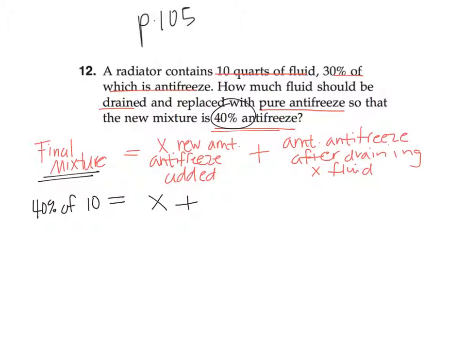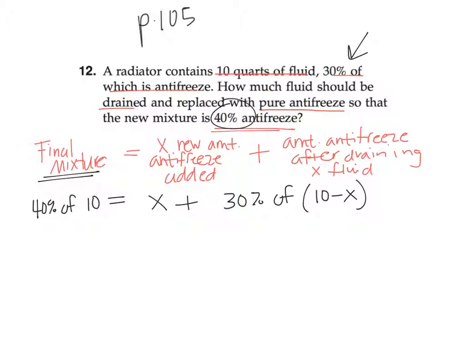Well, we know that 30% of it is antifreeze. So it's 30% of 10 quarts, which we drained out or took away X, our new amount of antifreeze.